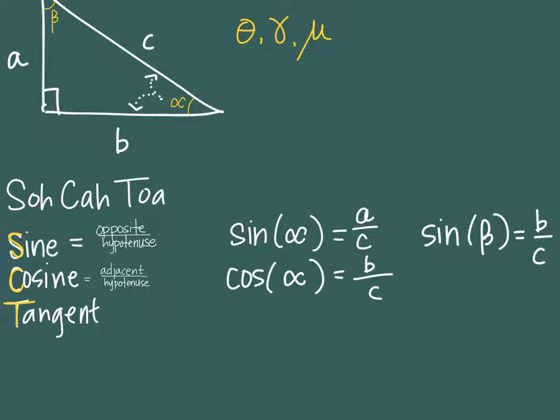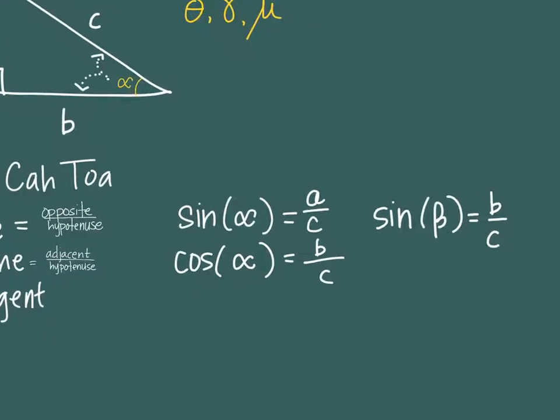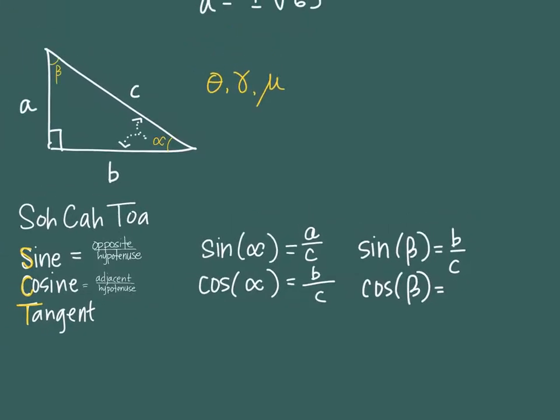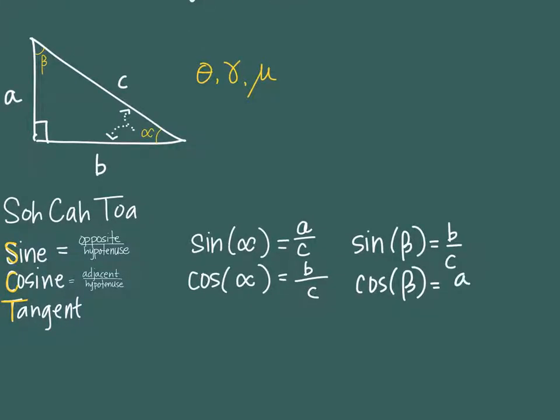Sine beta, right. Sine beta and cosine alpha happen to be the same thing. We can do cosine beta as well. Adjacent to beta is side A, and the hypotenuse is still C. So notice they switch places.